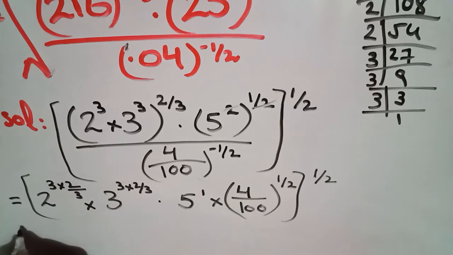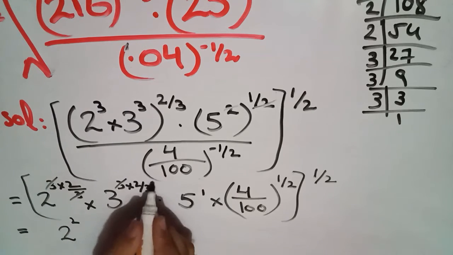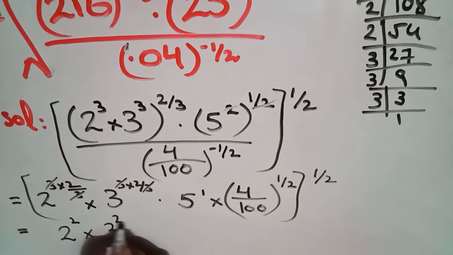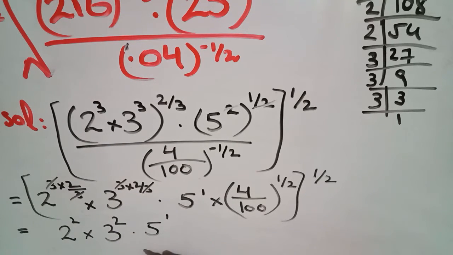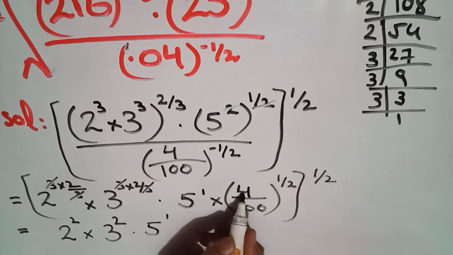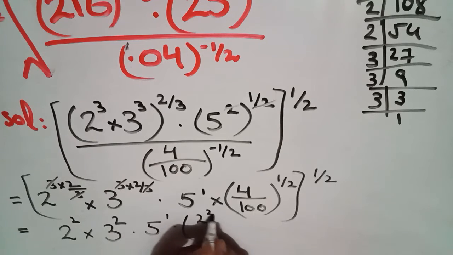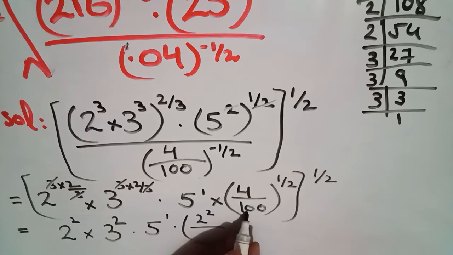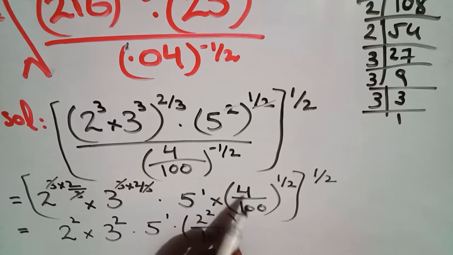Okay, so the next step will be, this will be cut off with this one. Here we have 2 raised to power 2 and 3 raised to, this will be cut with this one, 3 raised to power 2. 5 raised to power 1 we have, and you can write this 4 as 2 raised to power 2, and write this 100 as 10 raised to power 2. 2 raised to power 2 is equal to 4 and 10 raised to power 2 is equal to 100.